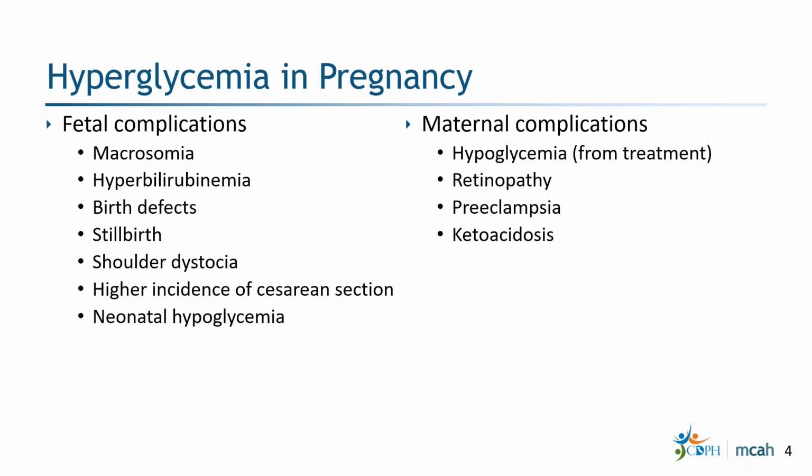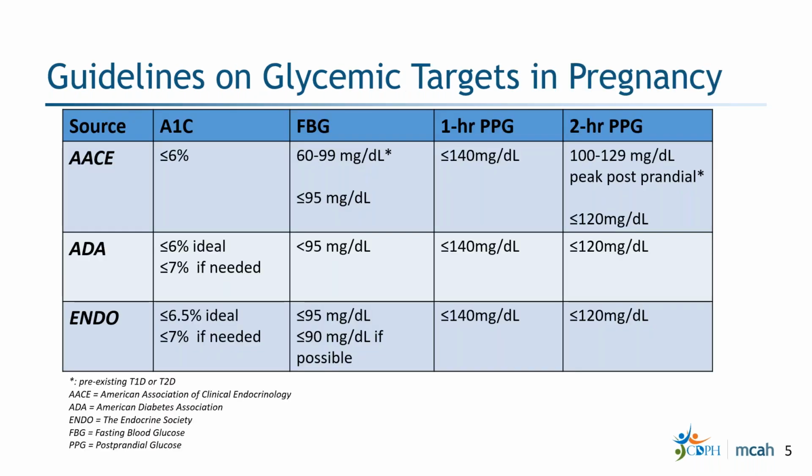There can be stillbirth, a higher incidence of C-sections, as well as neonatal hypoglycemia. And in terms of mom, that can lead to retinopathy, preeclampsia, more episodes of diabetic ketoacidosis. And then our treatment of choice being insulin, if we don't get that quite right, that can lead to concerns with hypoglycemia. So managing to get to the targets is really, really important.